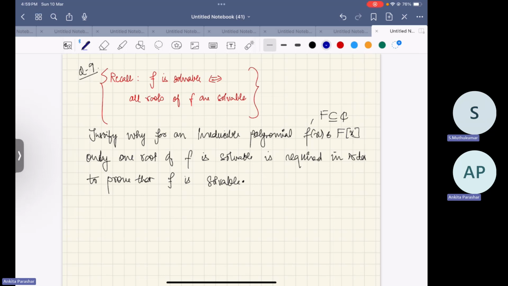So there is one beautiful result about that. We have the definition of solvability of a polynomial: the roots are solvable, then the polynomial is solvable, and all the roots in fact. But for an irreducible polynomial, the question says only one single root is enough to say whether it is solvable or not. Can you see that?